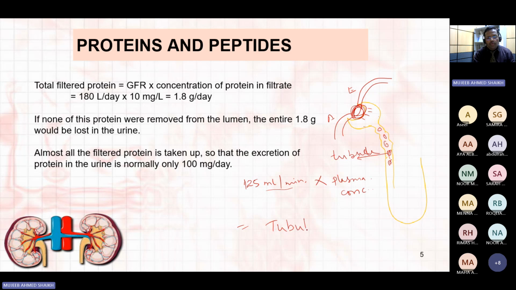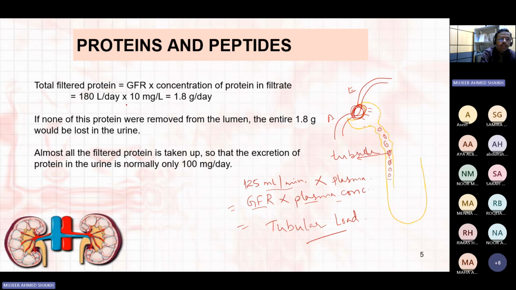Multiply GFR with its plasma concentration. I will not ask you to calculate during the exam, it is not mandatory, but it explains how we know how much of the substance is coming into the filtrate. This will help you in understanding the next slide.